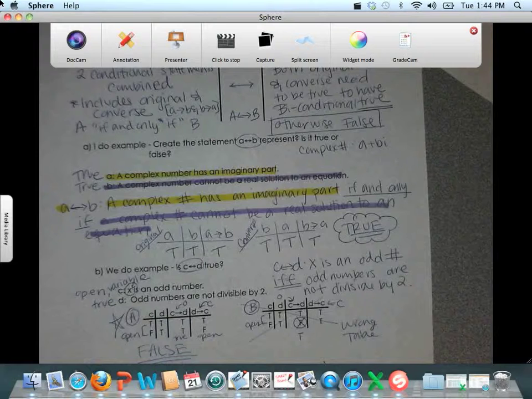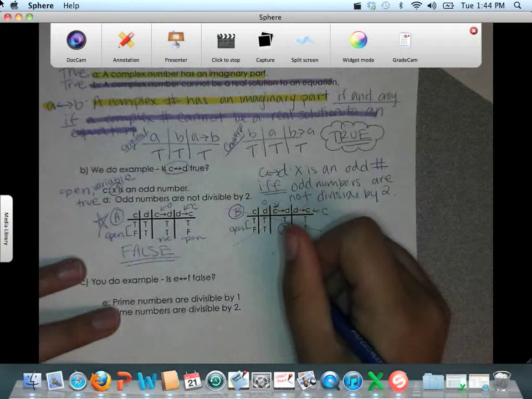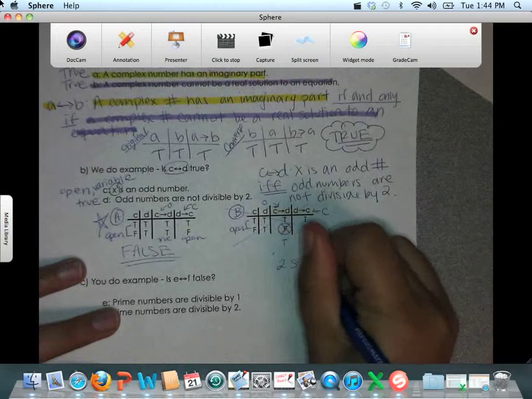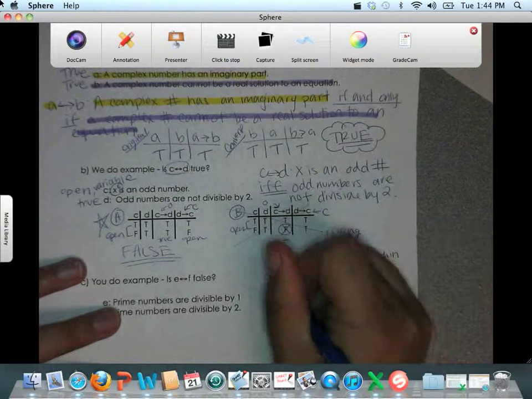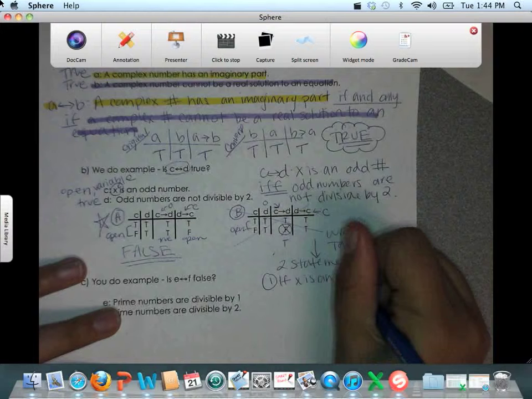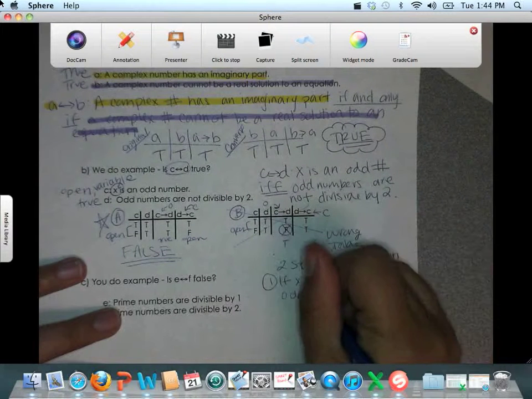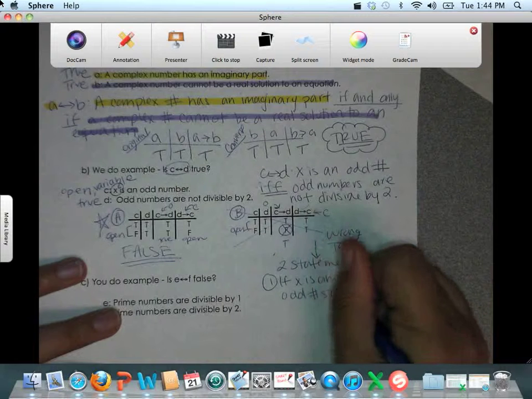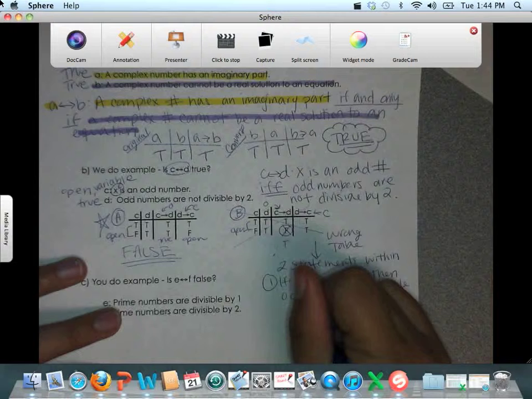All right, so I'm going to put the note down here for you to realize that there's two statements within. Number one is if x is an odd number, then odd numbers are not divisible by 2.